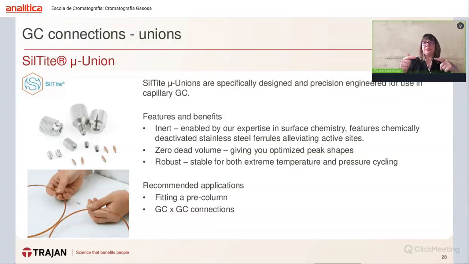So the two pieces of the tubing are meeting together in the middle. So we don't have any dead volume, and it is going through the deactivation process, the same as our liners. So the siltite microunion will not interact with our analytes. So it is providing us a high inertness.